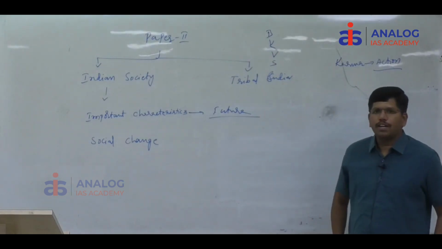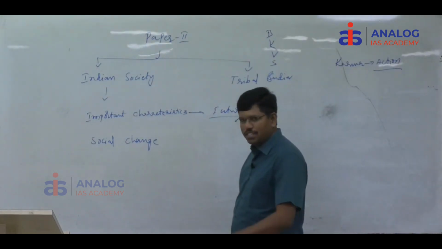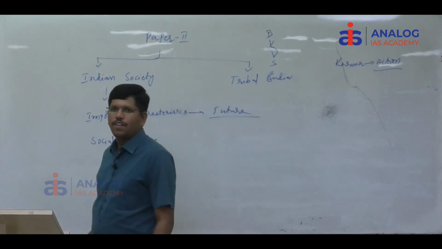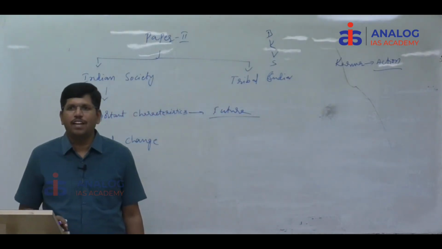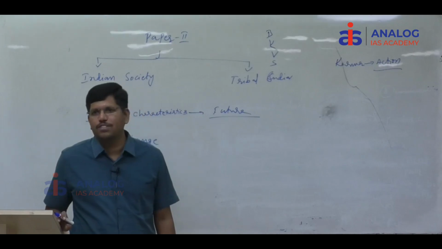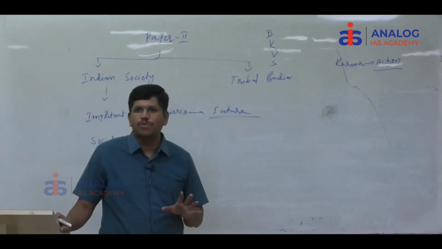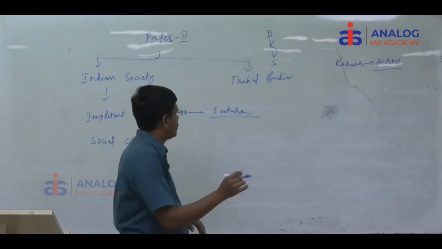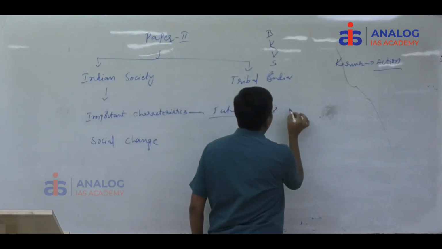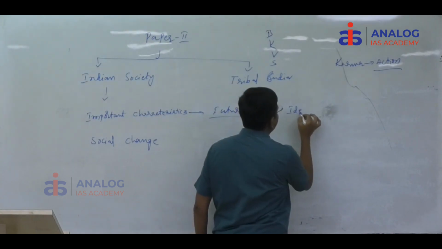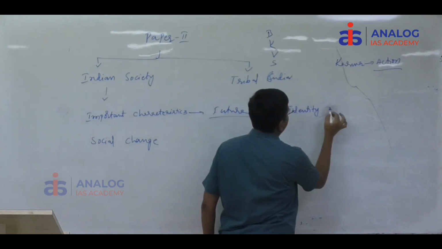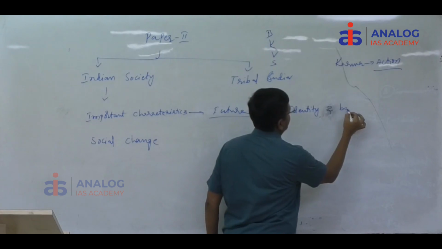Even though people advocate that caste system must be eliminated, all these are ideals. In reality, it is not possible for us to remove the caste system. Ideally, we may speak, but in reality, it is not possible. Why? Because first of all, caste provides identity and identity base.